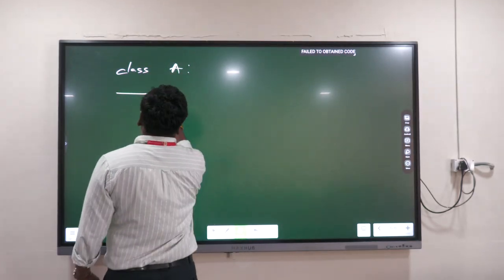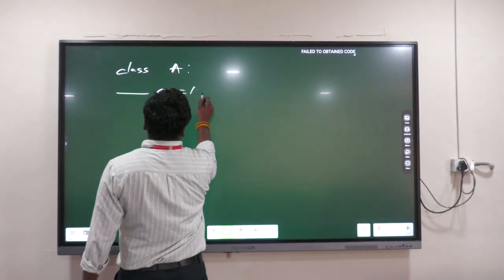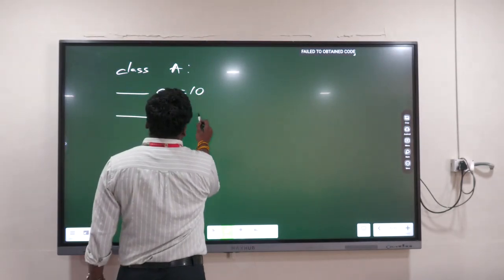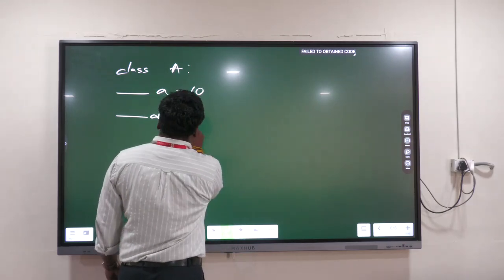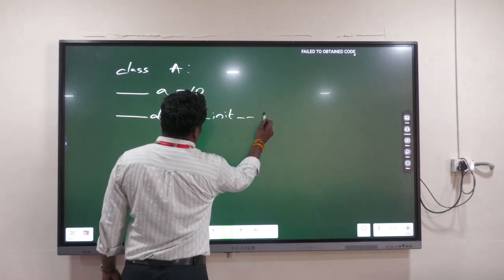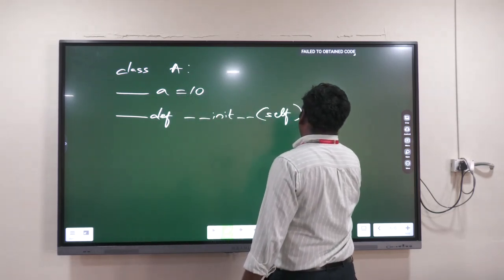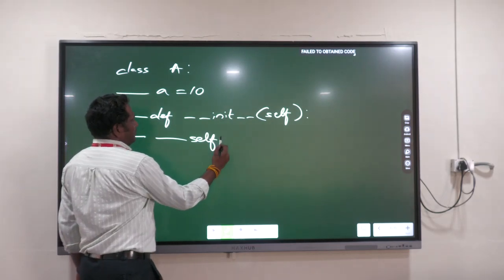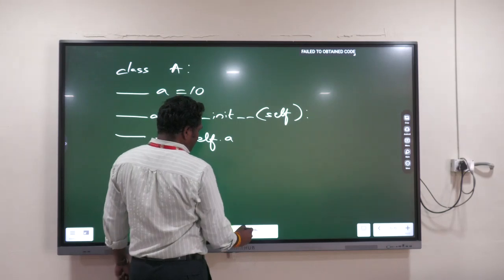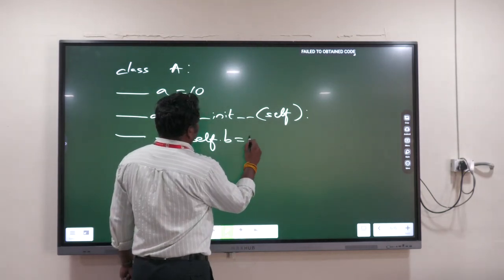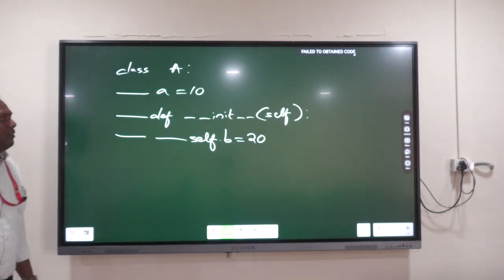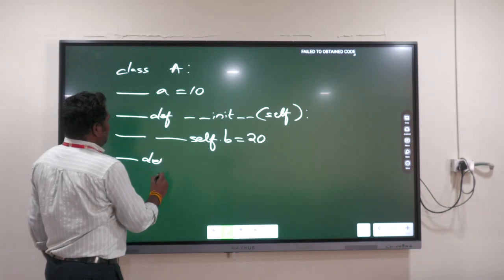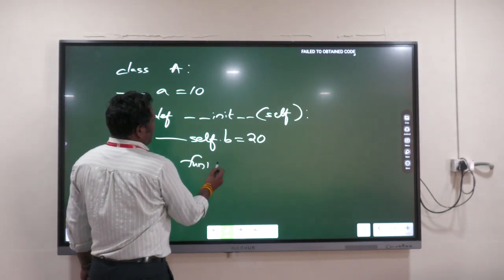Now what happens if I am defining the class like this, class A. Here I am defining A equal to 10. I am defining a constructor, self.b equal to 20, then function 1.